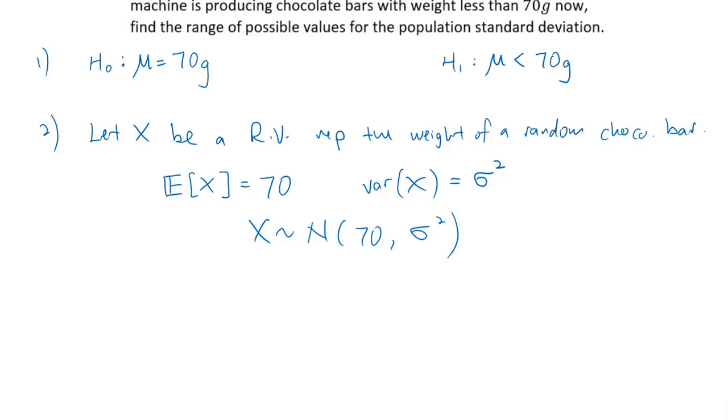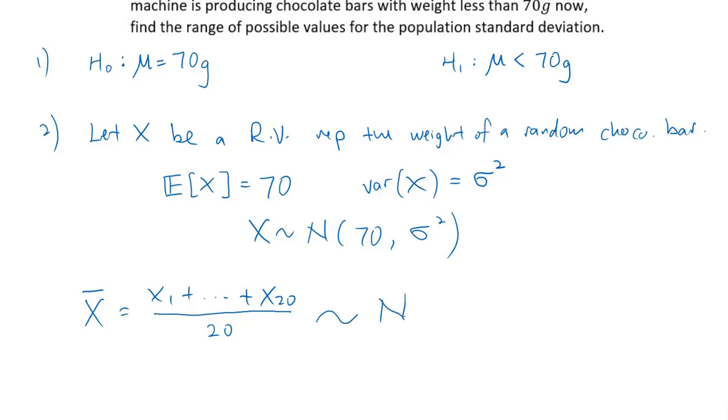The test is being conducted by taking a sample size of 20. What this means is that the theoretical behavior we expect to see is that the mean of these 20 samples, which is X1 plus until X20, where each X represents a randomly chosen chocolate bar, you add them and divide to find the average weight. Because individually X is already a normal distribution, even if you add and divide by a constant, it will still be a normal distribution.